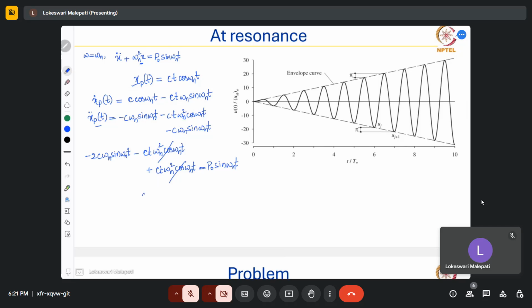So just by comparing the coefficients of sin omega nt, we will have c is equal to minus p naught by 2 omega n.